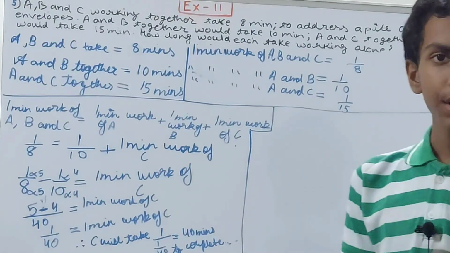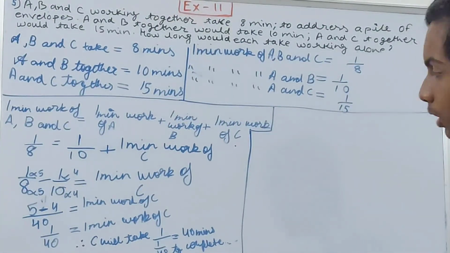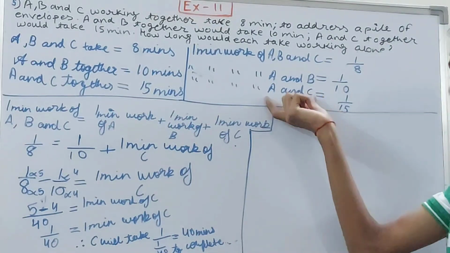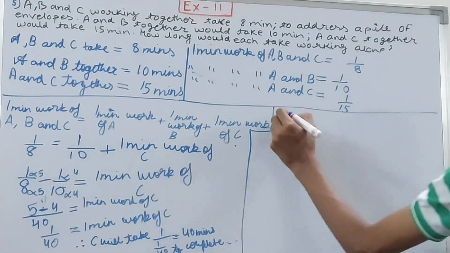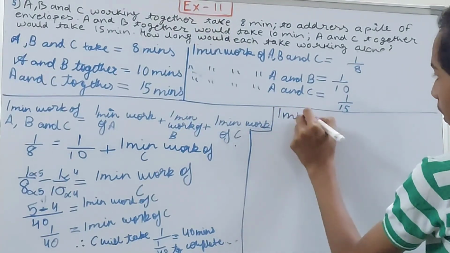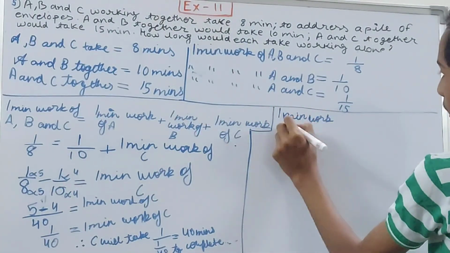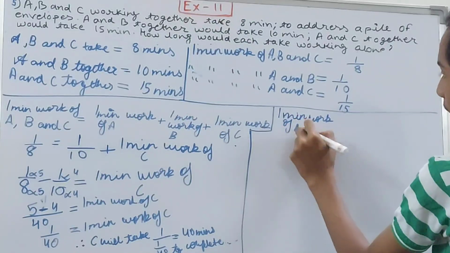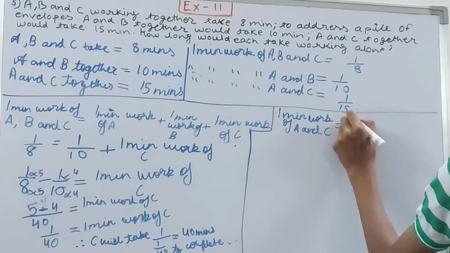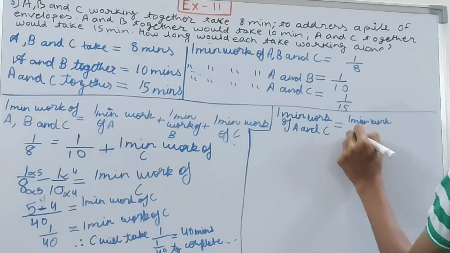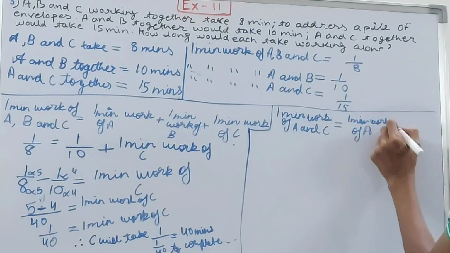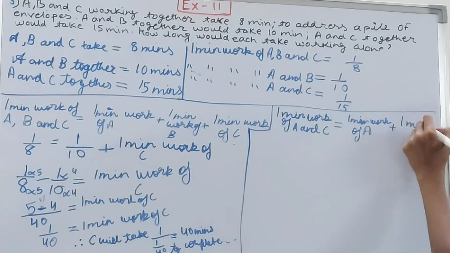Now next up is going to be A, because I know C and I can put this in the place of this A and C. 1 minute work of A and C is equal to the 1 minute work of A and the 1 minute work of C, right?